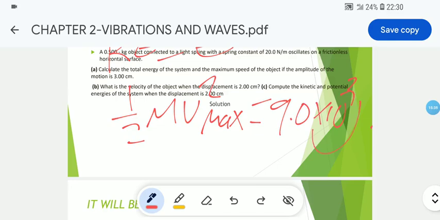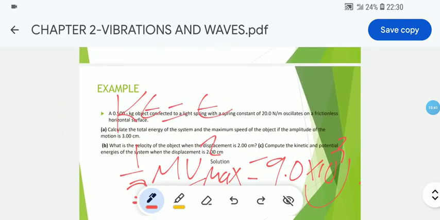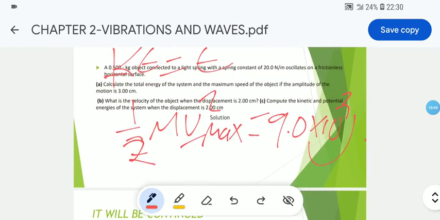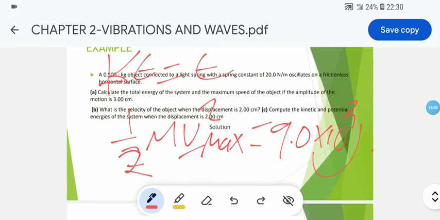So you can calculate for v in this case, because that is what you're finding. The mass is already given, which is 0.50 kg. So that's how you solve for the maximum velocity.